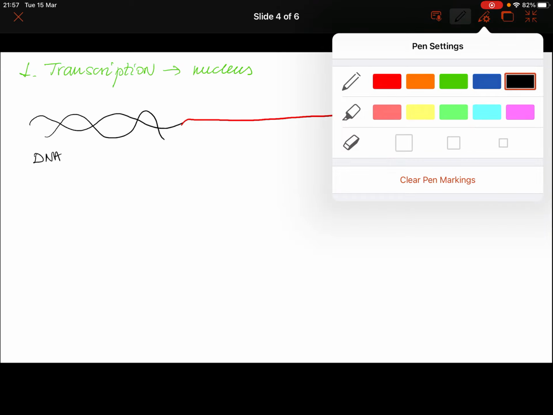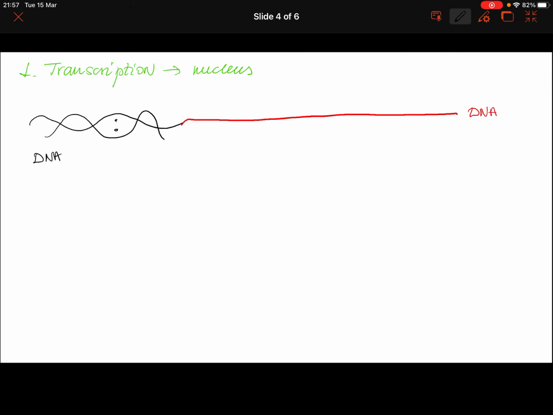Similarly to what you've learned in the process of DNA replication, the hydrogen bonds between the complementary bases on DNA are broken thanks to the enzyme DNA helicase. So the role of DNA helicase is to break hydrogen bonds and form the DNA template, which is only one strand.